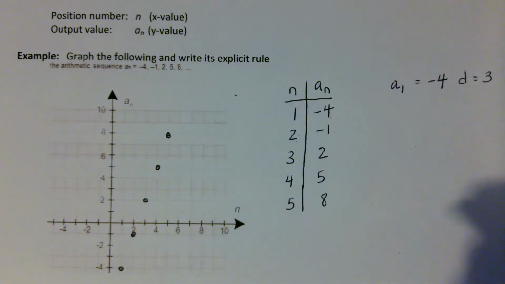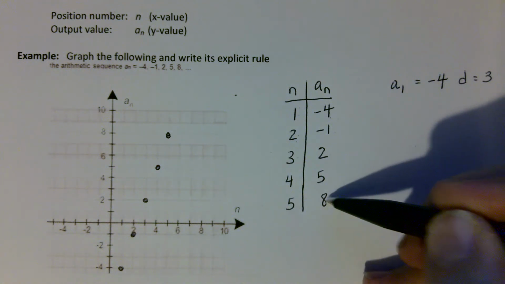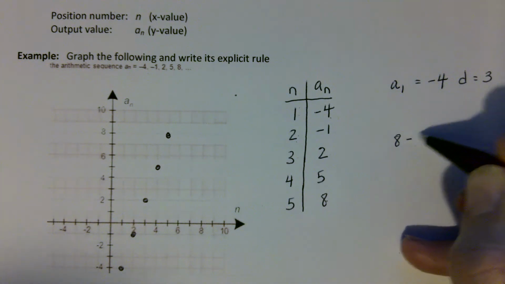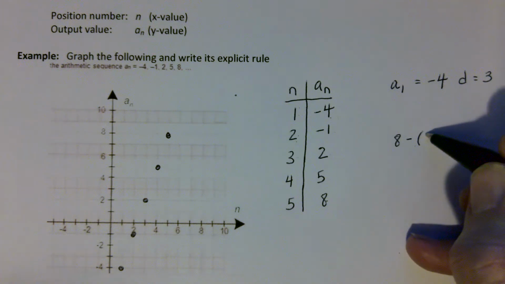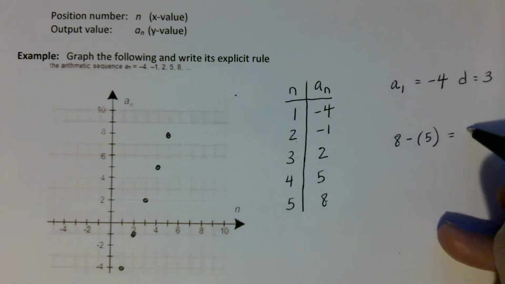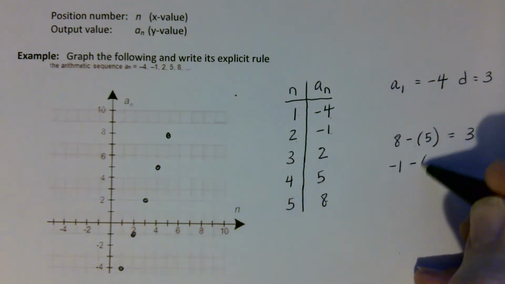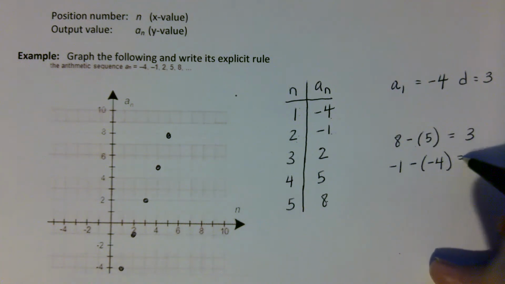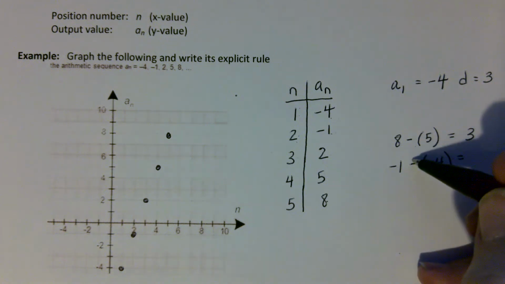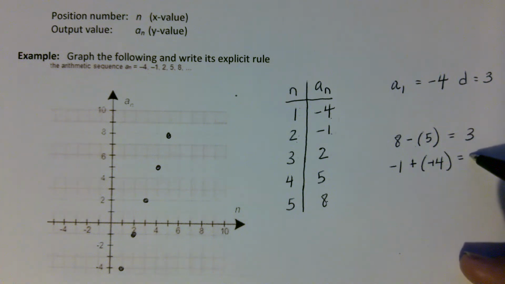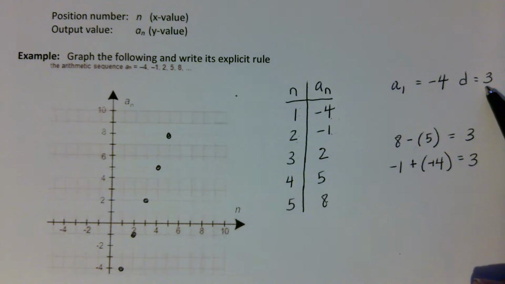If you weren't sure, take any term, for example 8, and subtract the previous term, 5, and I would get 3. What if I took -1 and subtracted the previous term? Remember, subtracting a negative is the same as adding a positive, and this would also get me 3. So I know my common difference is 3.